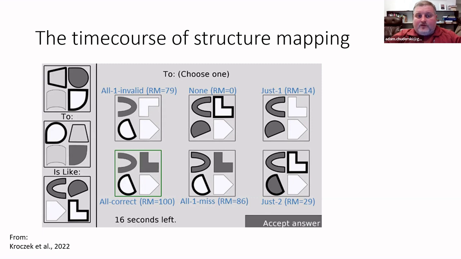So we could calculate a metric, which we called relational match, or M, which simply indicated the percentage of transformations, or you can call them trivial or simple relations, that the response option shared with the correct option.